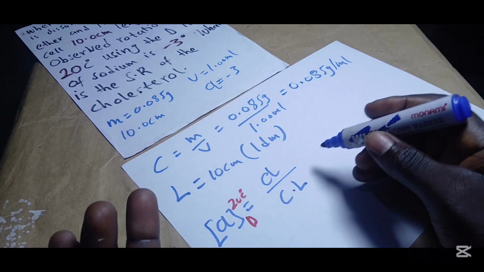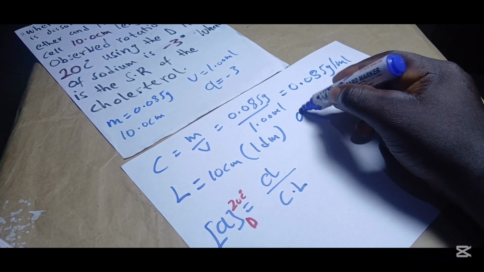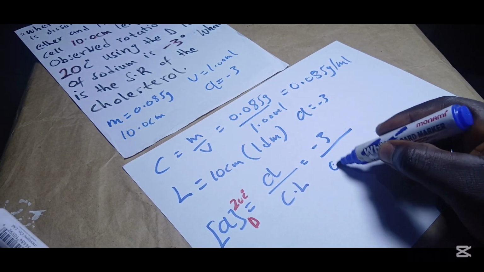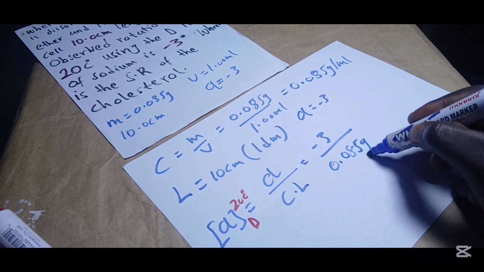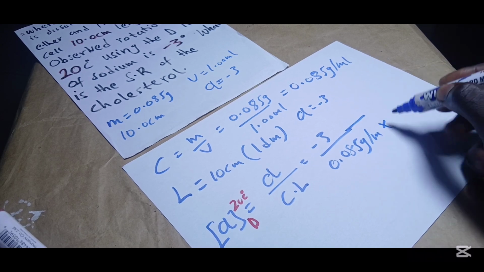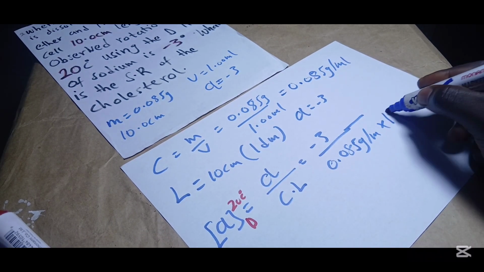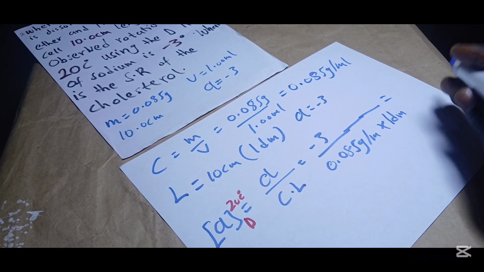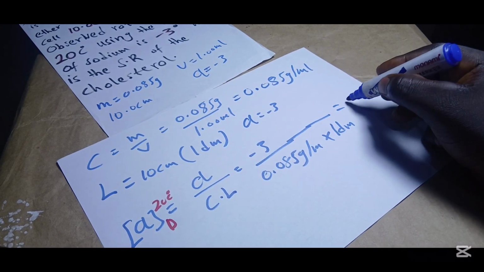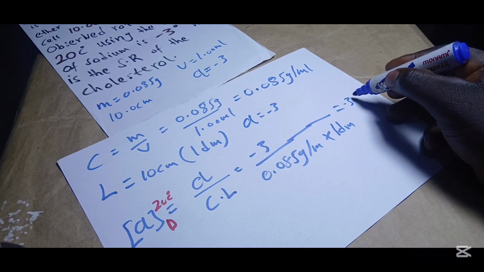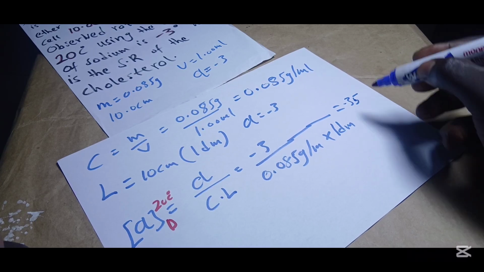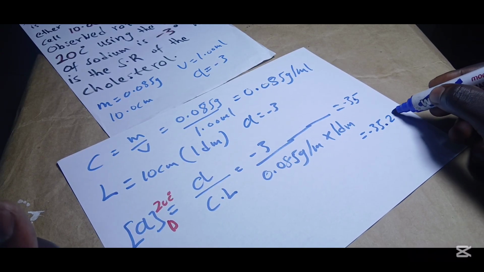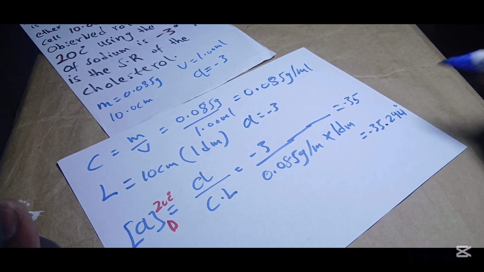Observed rotation is -3, all over concentration, which is 0.085 grams per ml, multiplied by path length, which is 1 decimeter. This gives us -35.294 degrees.